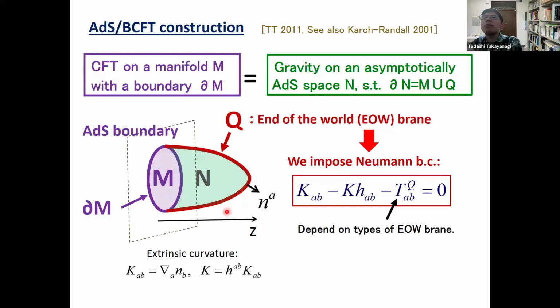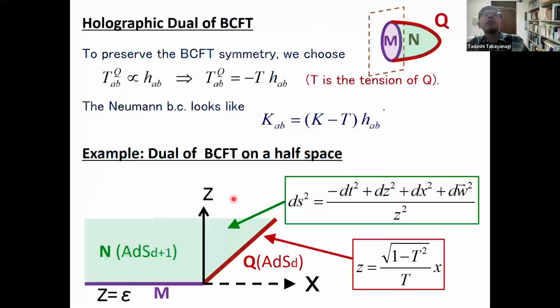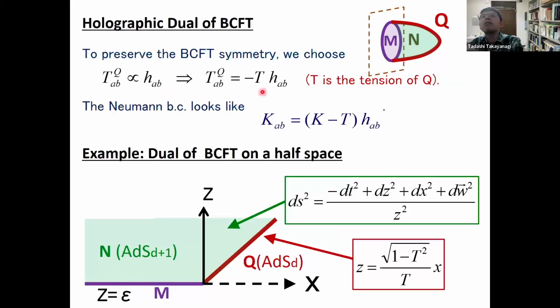That is the more mathematical, more standard meaning of BCFT, so please just be careful about it. The strict BCFT corresponds to only one choice. If we put some general energy stress tensor T_Q here, it breaks boundary conformal symmetry. But if we choose T_Q proportional to the induced metric with some coefficient, only in this case does it really preserve this boundary conformal symmetry.